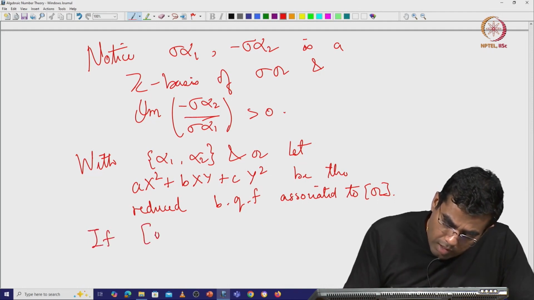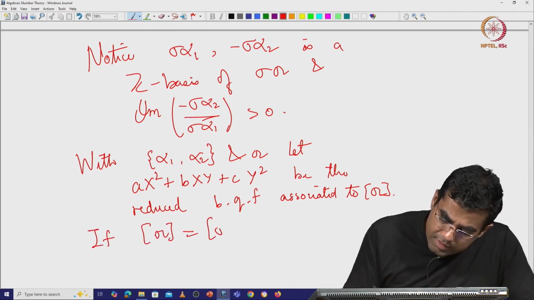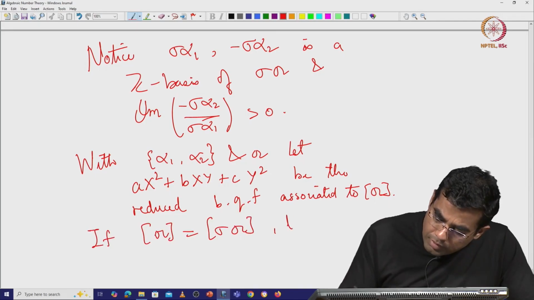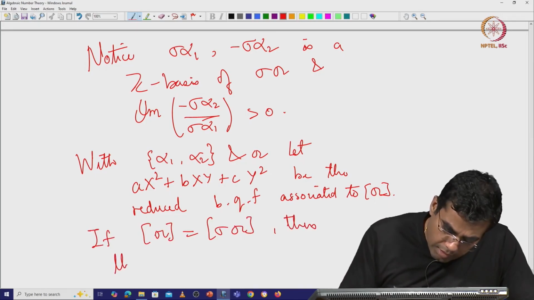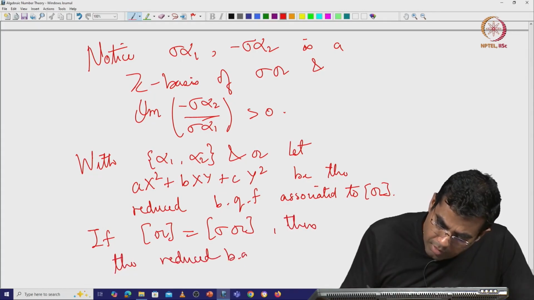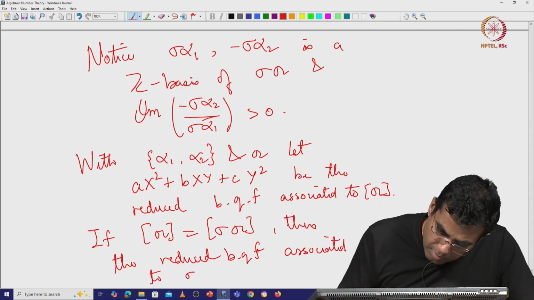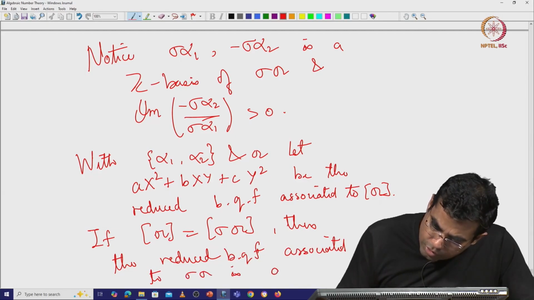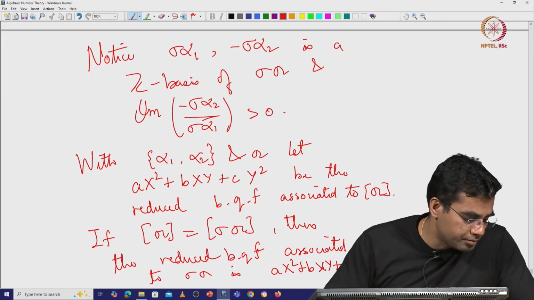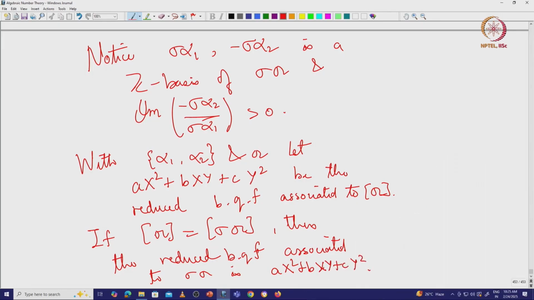If A is the same as sigma A, then the reduced binary quadratic form associated to sigma A is also ax squared plus bxy plus cy squared.